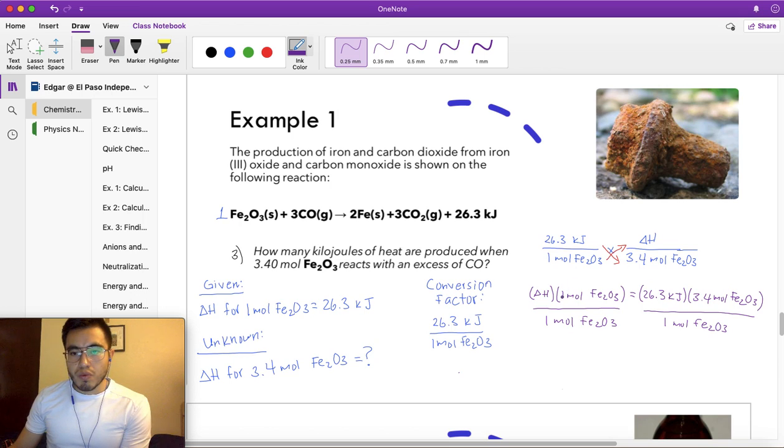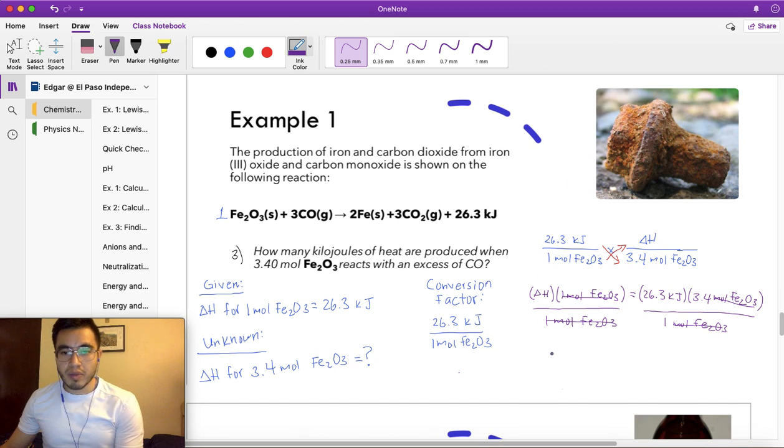So 1 mole of rust cancels 1 mole of rust. And notice we can also cancel units over here because we have moles of rust and moles of rust. So we cancel mole Fe2O3 with mole Fe2O3. And then our equation will be a lot cleaner.